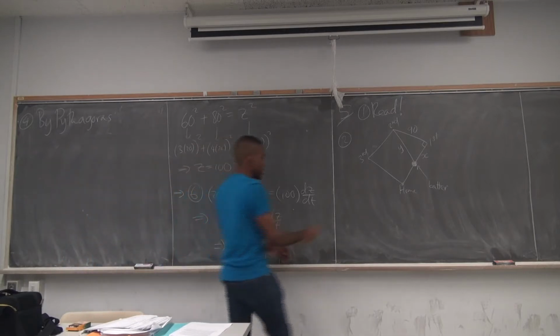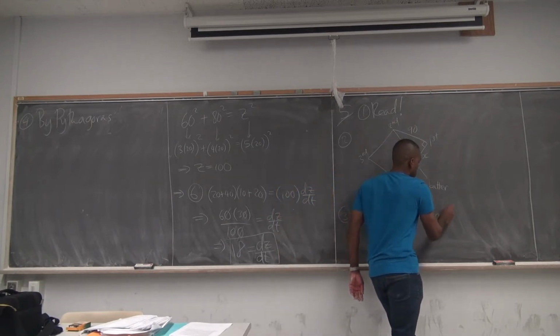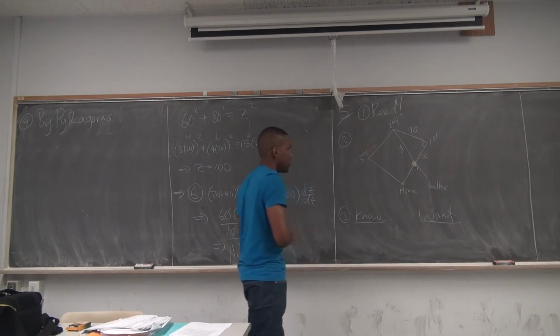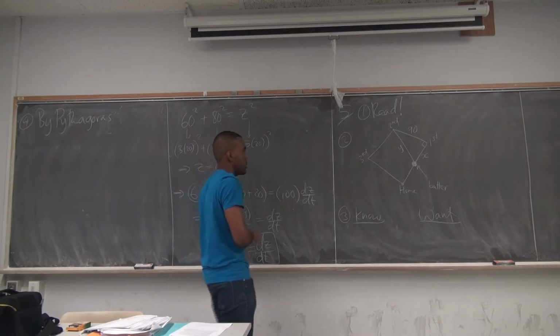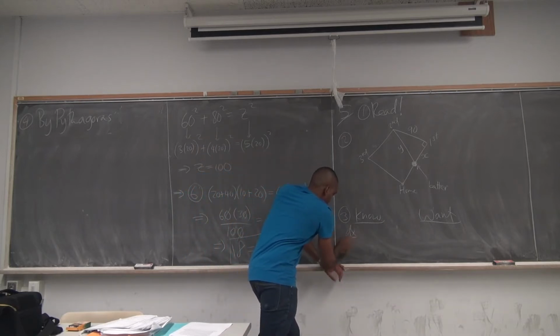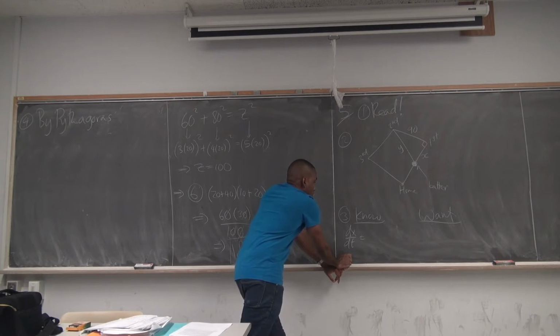Step 3, write down what we know, what we want to find. What do we know so far, based on the variables that we have? We know dx dt, what's its value?